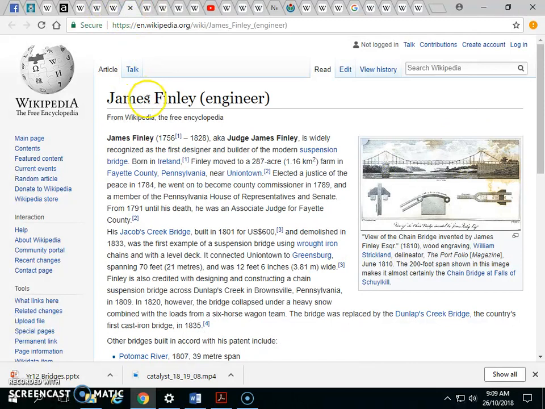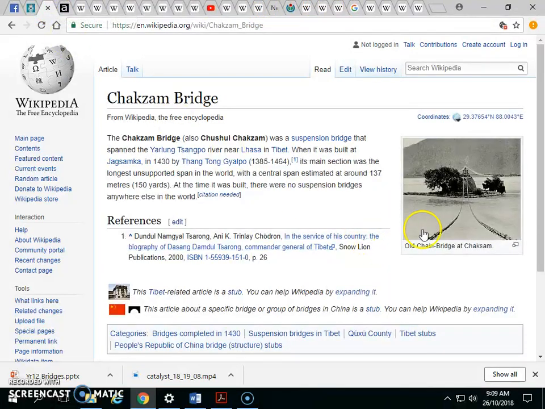Okay, so what gets us to suspension bridges. Let's find the other one. Oh, here we go. So these bridges are really old, right?